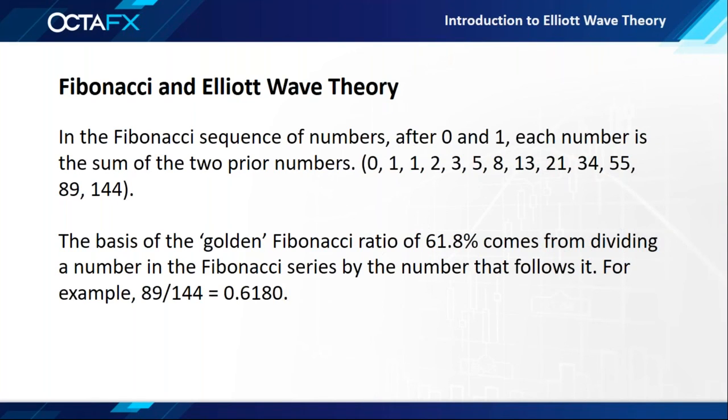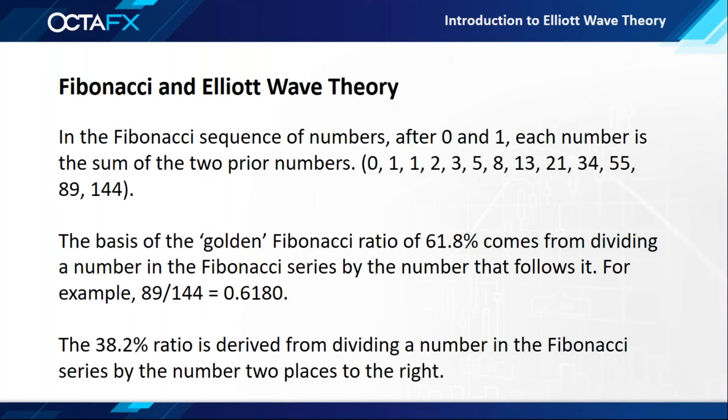For example, 89 divided by 144 is 0.618. And then these other ratios are also derived from the relationships between the numbers in the Fibonacci sequence. So the 38.2 ratio is derived from dividing a number in the series by the number 2 places to the right, and so forth. So that's where you get these Fibonacci ratios from.